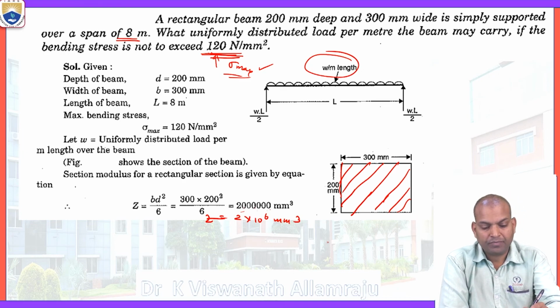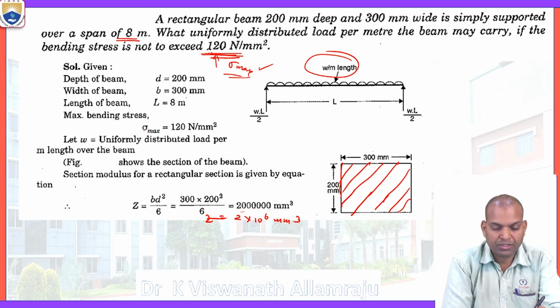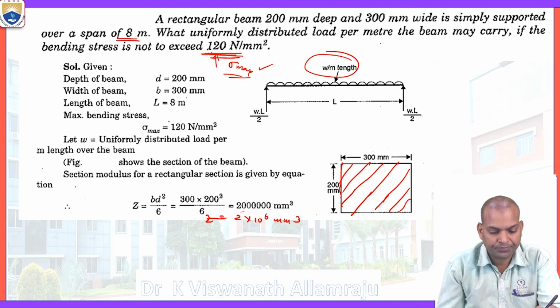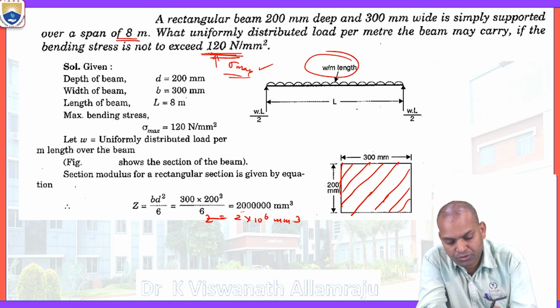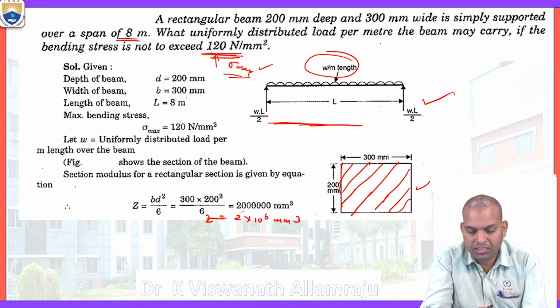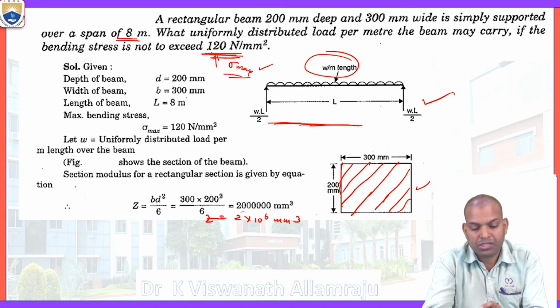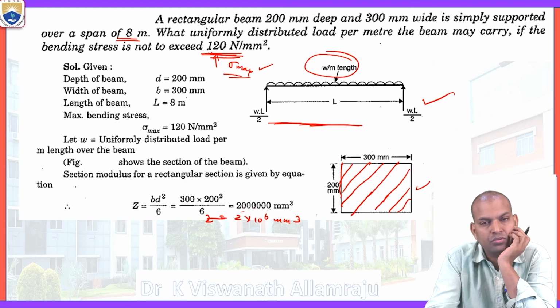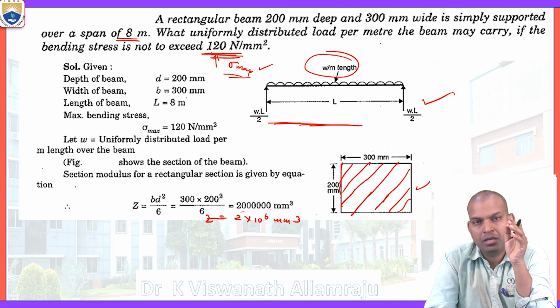Given here is one more thing, sigma maximum stress, 120 Newton per square millimeter. So there are two figures: this is the beam carrying the uniformly distributed load, and this is the section of the beam. The section is rectangular, 200 millimeters deep and 300 millimeters wide.